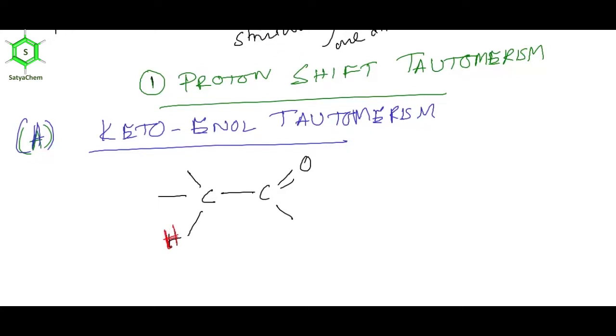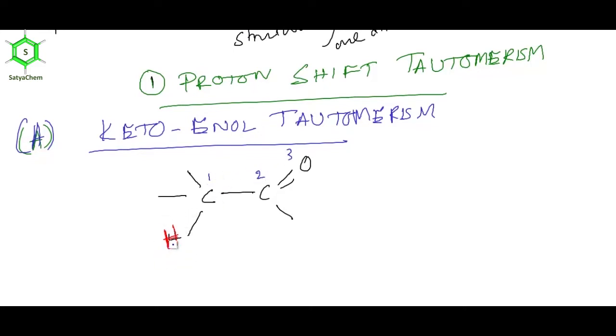Now a few minutes before I told you that keto-enol tautomerism is actually a subcategory of proton shift tautomerism. Clear? In this case it is a 1-3 proton shift. Why? See, this is 1, this is 2, this is 3.